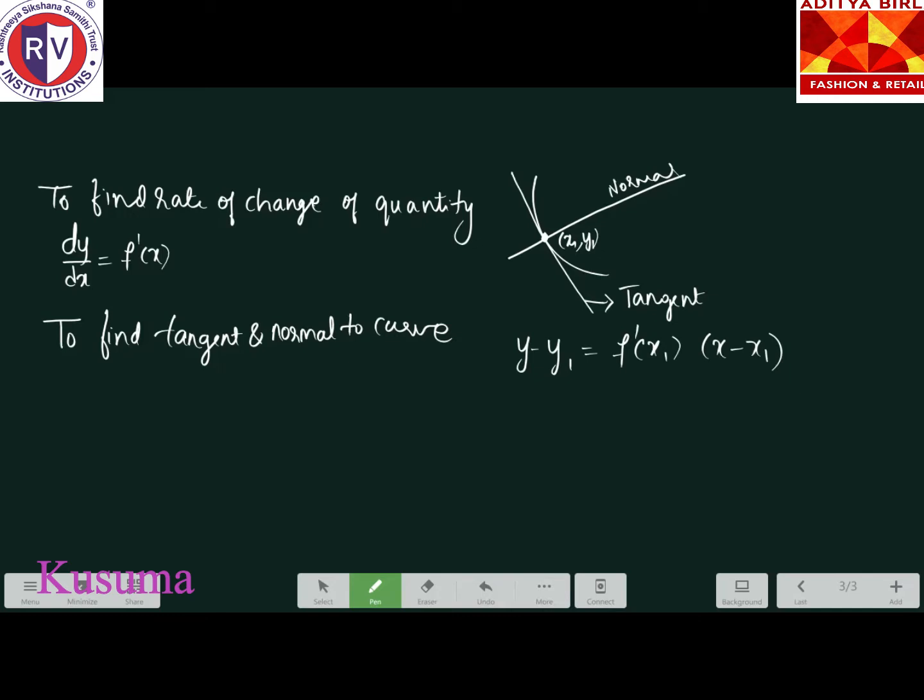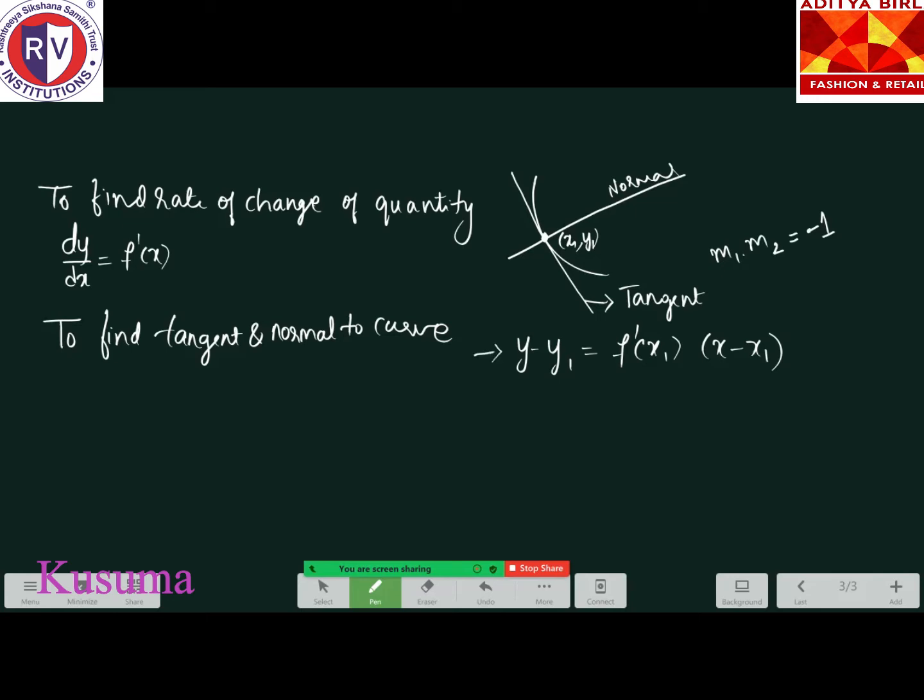Because when m1 is the slope of the tangent and m2 is the slope of the normal, since they are perpendicular to each other, the product of m1 and m2 will be equal to minus 1.